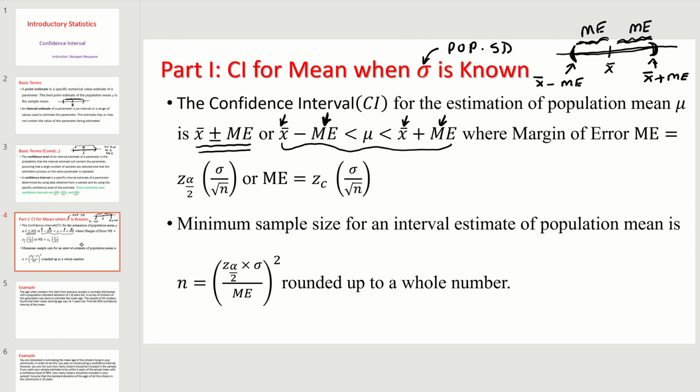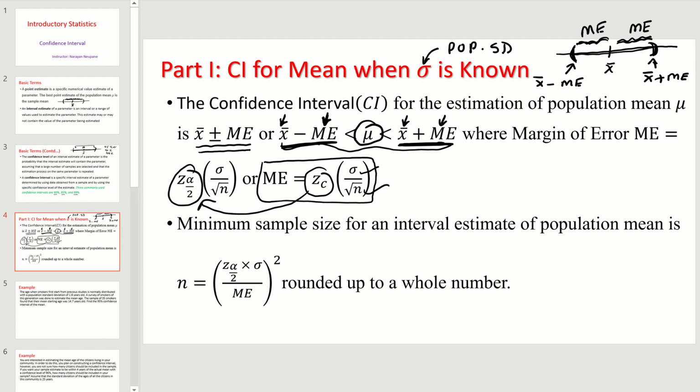Okay, so between these two values, you have the population parameter mean. And how do we find the margin of error? Formula to find margin of error is this. Margin of error is equal to z sub c multiplied by population standard deviation divided by square root of n. This z sub c is same as z sub alpha over 2.